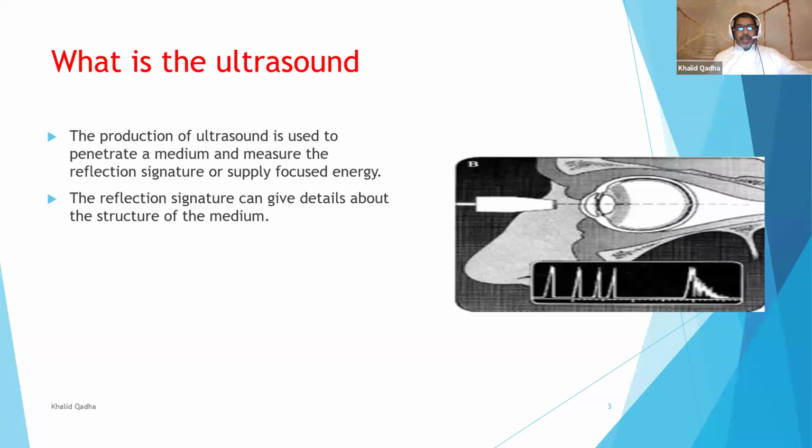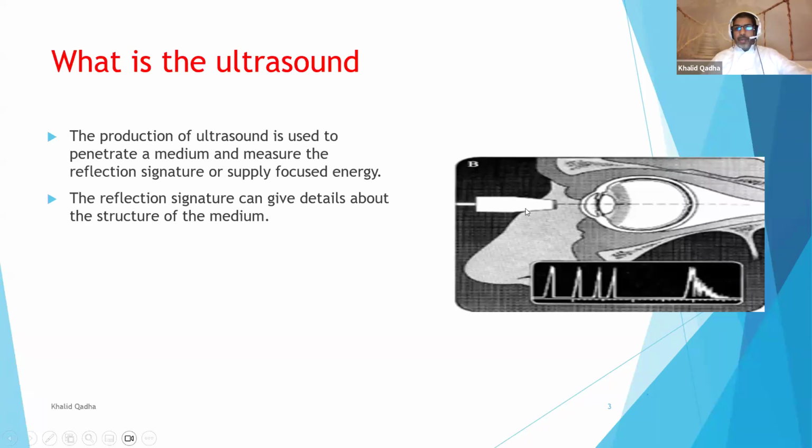So what is ultrasound? It is the production of ultrasound used to penetrate a medium and measure the reflection of the signature of the supplied focused energy. The reflection signature can give details about the structure of the medium.